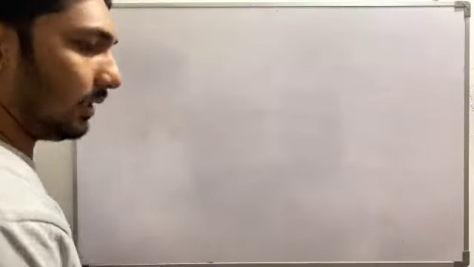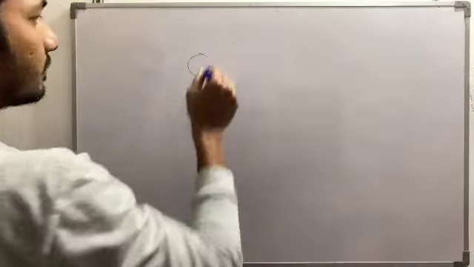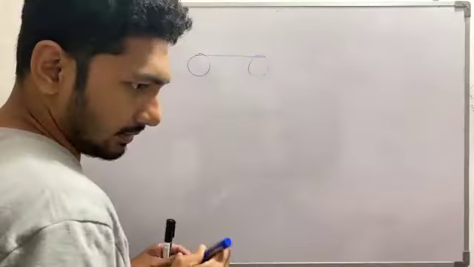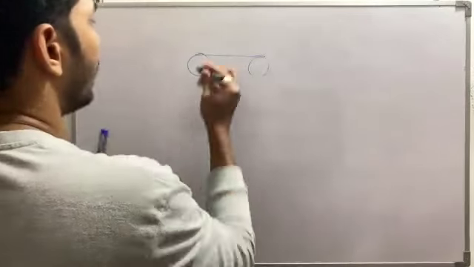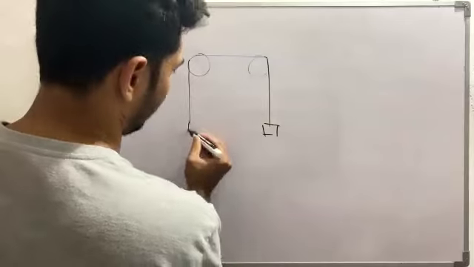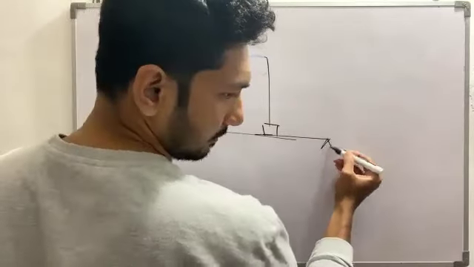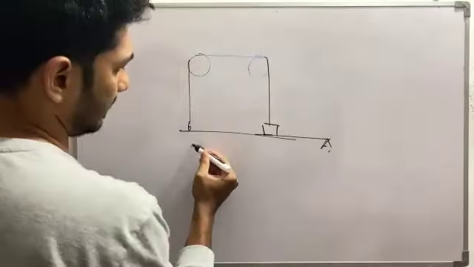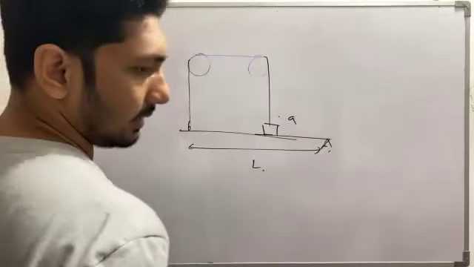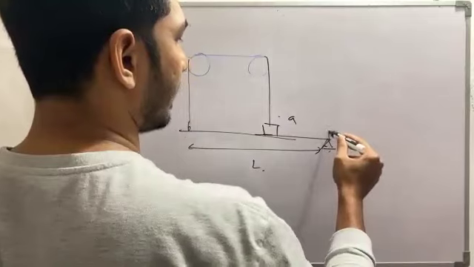Now, there are two pulleys. I'm lazy to draw this, but no option. So this is the distance L, and this is the distance A. The question is the reaction here.